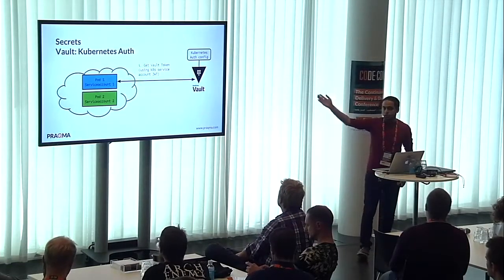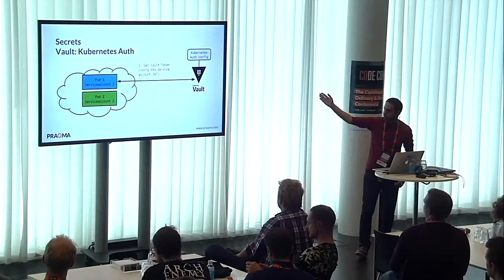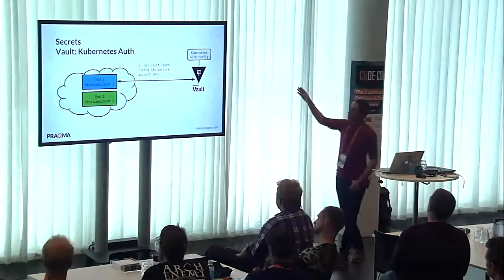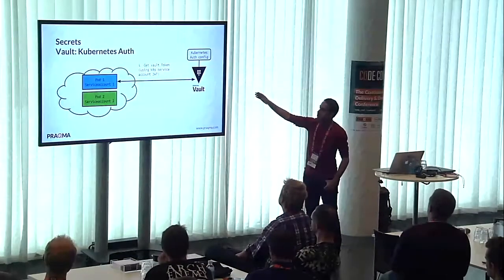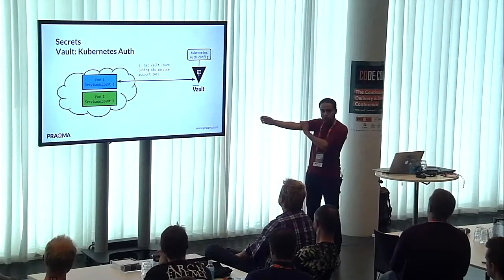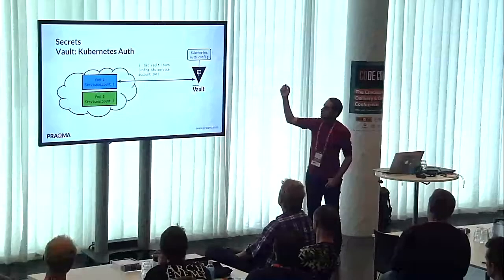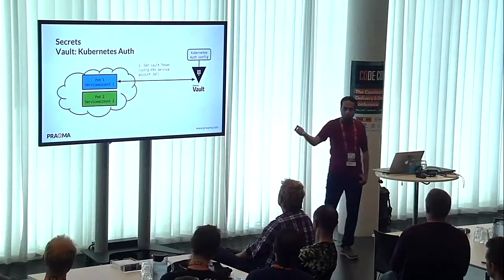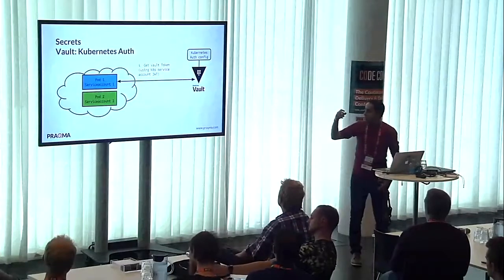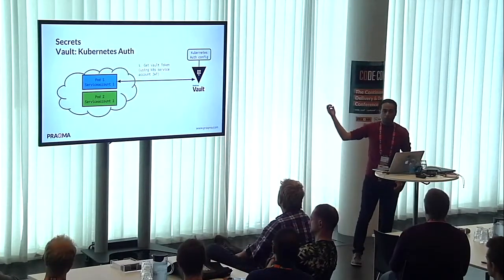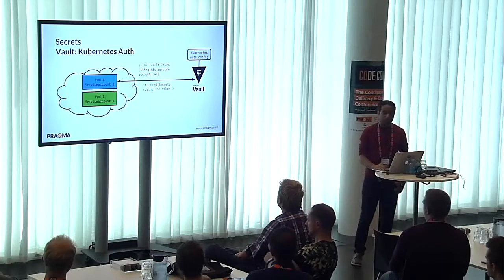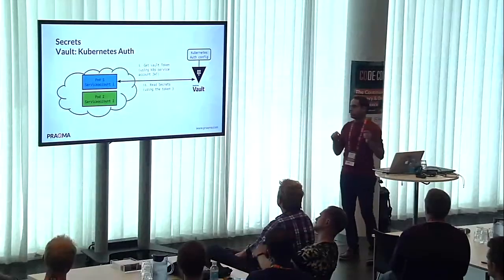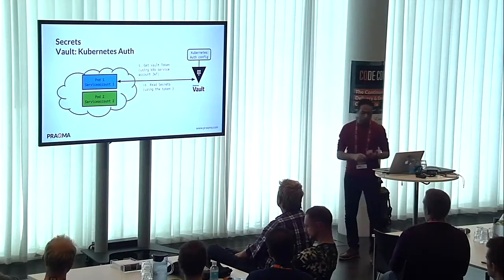And the first step that will happen is that you could use the service account JWT, which is the JSON Web Token, which you can get easily if you are in Kubernetes. And then talk to Vault and ask for a token. The second step is that Vault will give you a token that allows you to read specific secrets. And then you can use this token to read the secrets that you need for your applications.